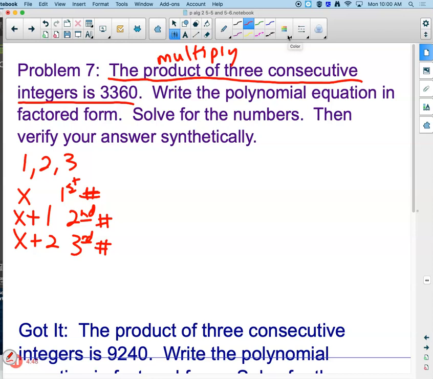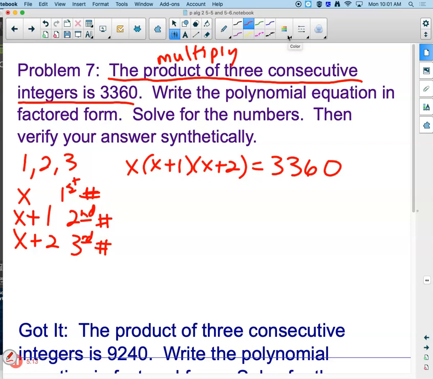Now we said product means multiply, so x times x plus 1 times x plus 2 was supposed to be what? And you know that's going to happen, especially as the numbers get bigger. We're going to see bigger and bigger values for that product.